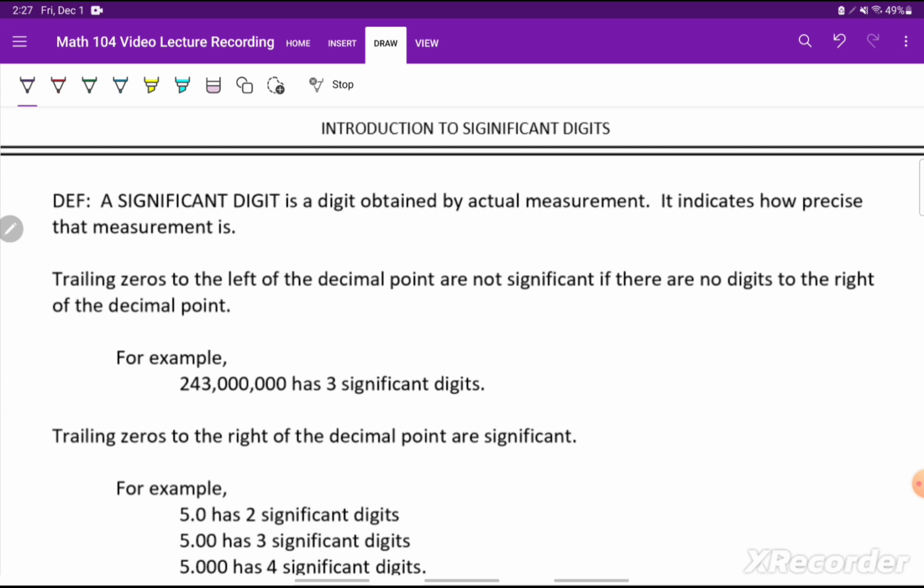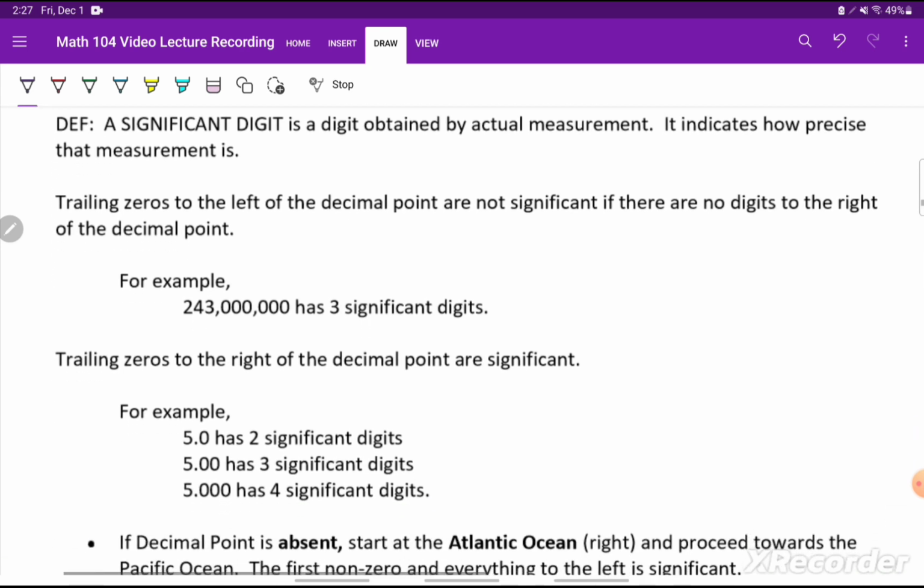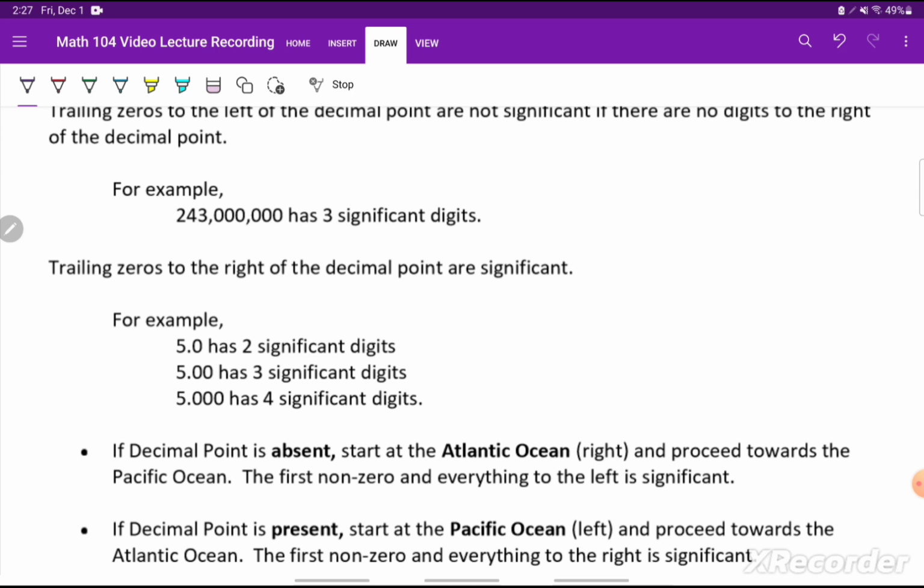Trailing zeros to the left of the decimal point are not significant if there are no digits to the right of the decimal point. For example, 243 million has 3 significant digits. Because there isn't a decimal point followed by some kind of number, these trailing zeros are not significant.